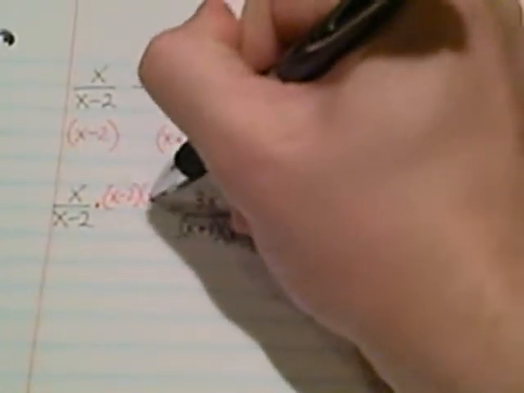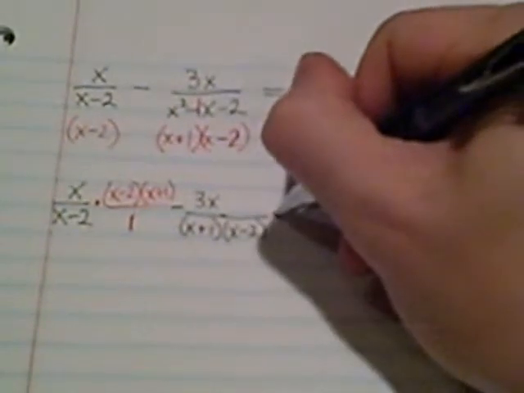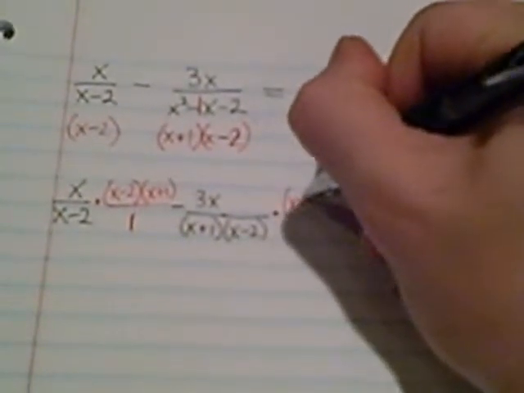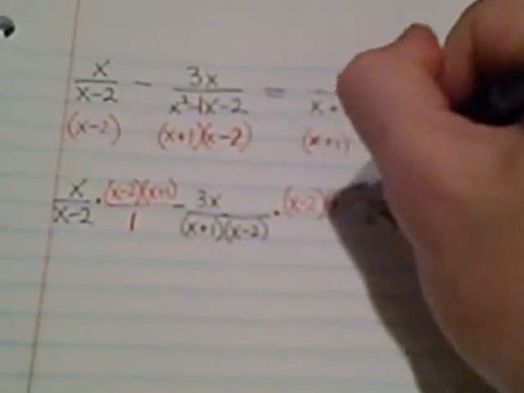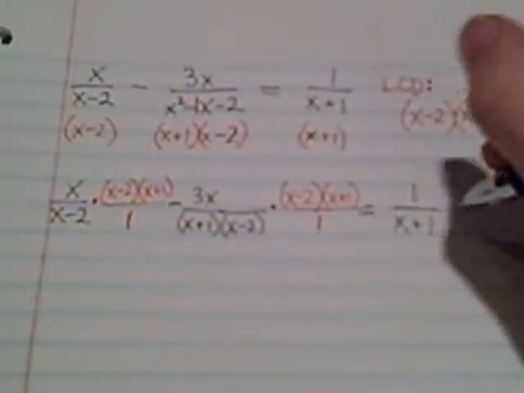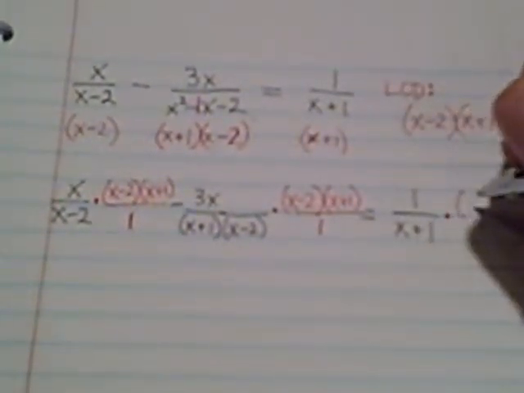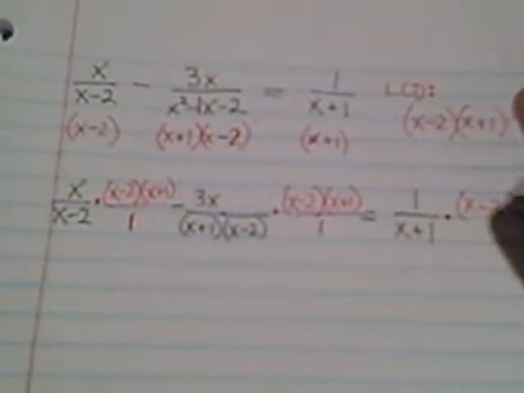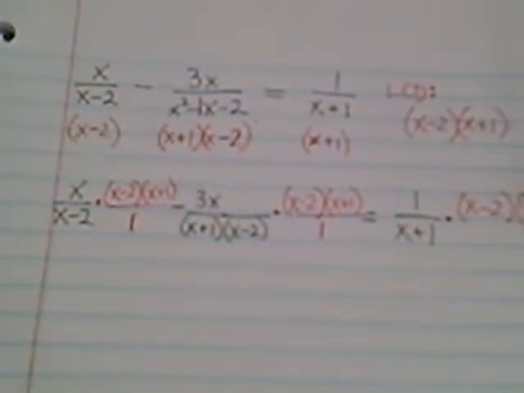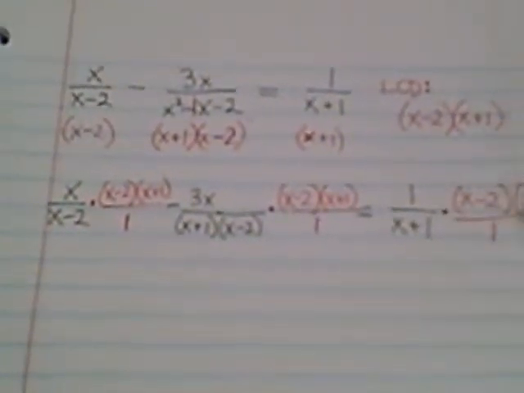And now I'll write in multiplied by x minus 2, x plus 1 over 1 to the first term, to the second term, x minus 2 times x plus 1 over 1, and also to the third term, the right side of this equation, x minus 2 times x plus 1 over 1.